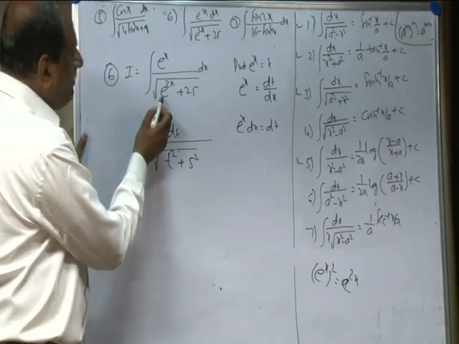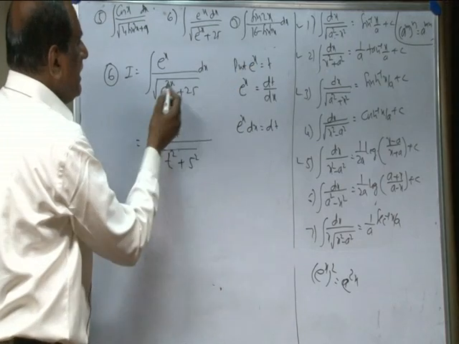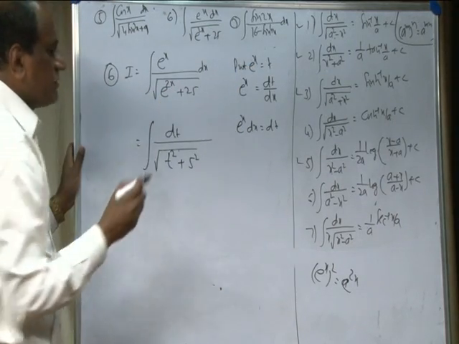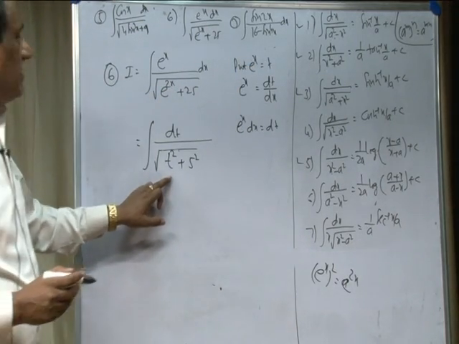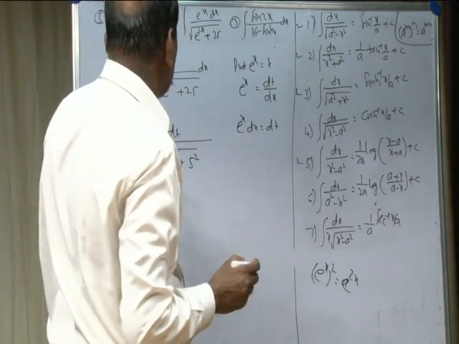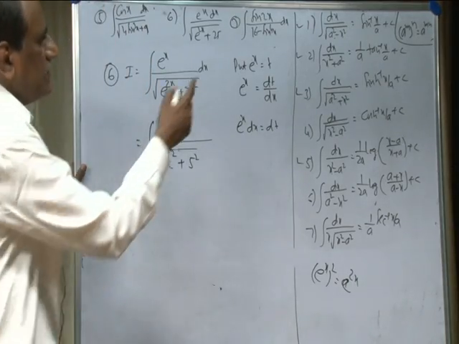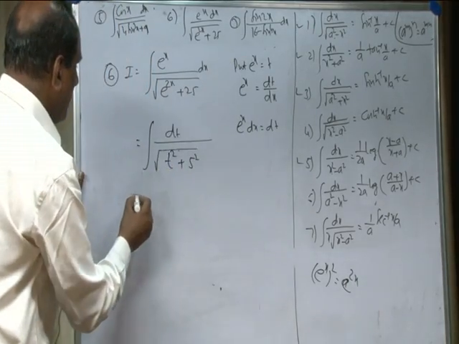See here, e power 2x can be written as e power x whole square, e power x is t, so it is t square plus 5 square. So this is exactly of the third standard form, dx by root of a square plus x square or x square plus a square, that is sin h inverse x by a.